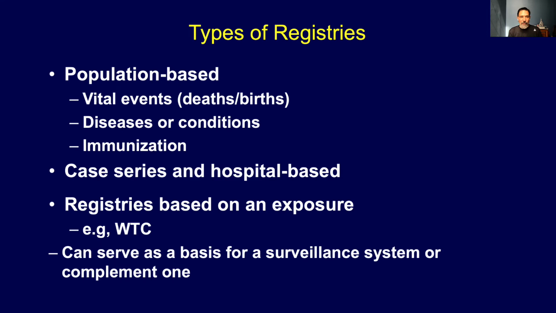Immunization is an example of that, but there's also a World Trade Center registry, a registry of individuals who were exposed through their proximity to the World Trade Center attacks on 9/11 here in New York City. It includes a lot of people who were exposed occupationally, but also people who were there in the immediate aftermath of the attack. These registries can all serve as the basis for a surveillance system, or they can complement one.